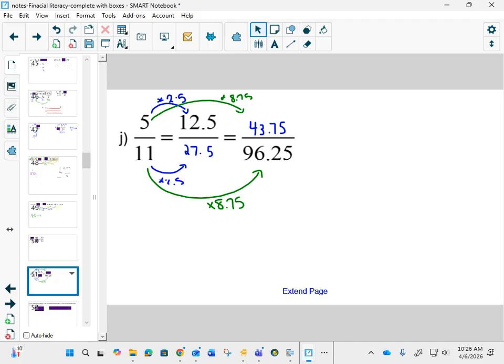Okay, so lots of questions here. We're gonna take multiple days to do this, but I would like you to turn 1, 2, 3, 4 pages into where it says proportion.